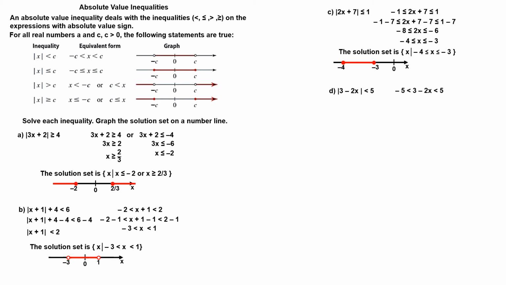Isolate the variable by subtracting 3 from all three parts of the inequality, and then dividing each part by -2. The inequality sign is reversed with division by a negative number. In the final step, don't forget to switch the direction of the inequalities. The solution set is x such that x is between -1 and 4.